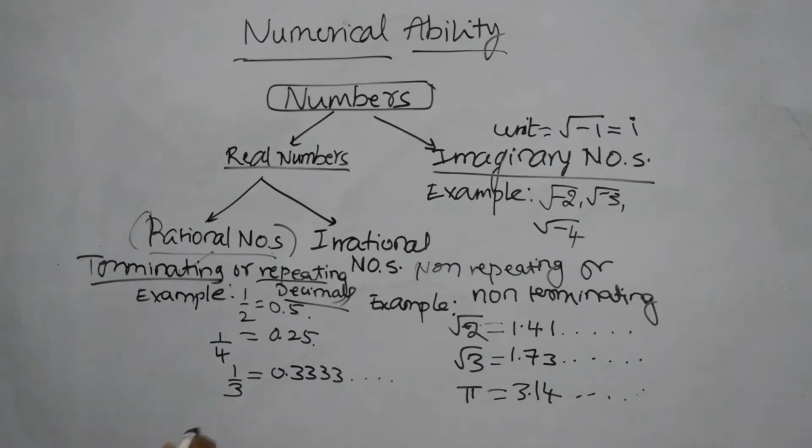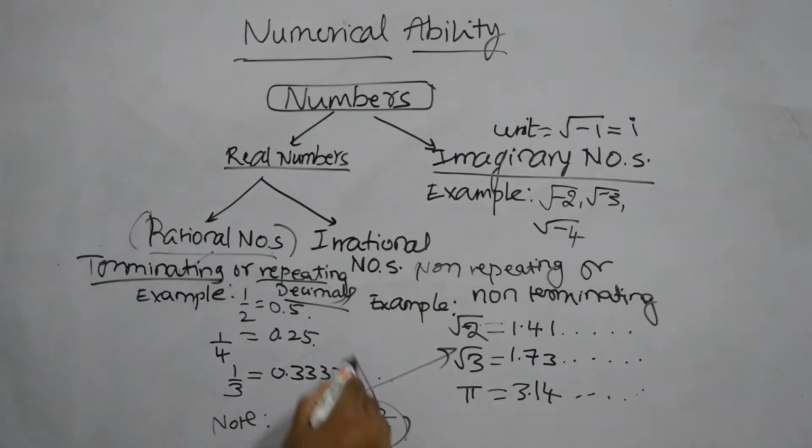Another important note here is that the pi value is usually expressed as the fraction 22 by 7. Here pi is an irrational number and 22 by 7 is a rational number. Therefore, they are not exactly equal but approximately equal. That's why they are used in mathematical calculations.